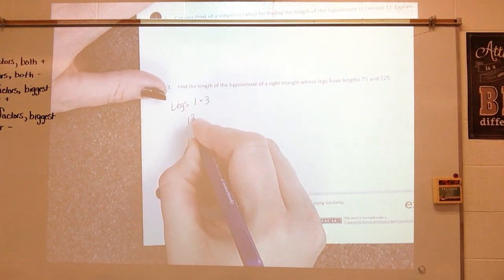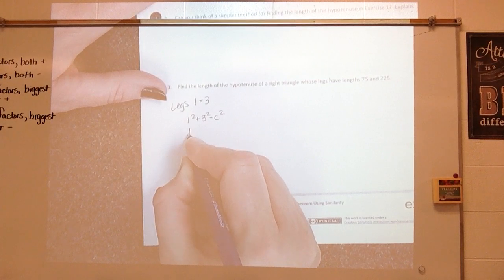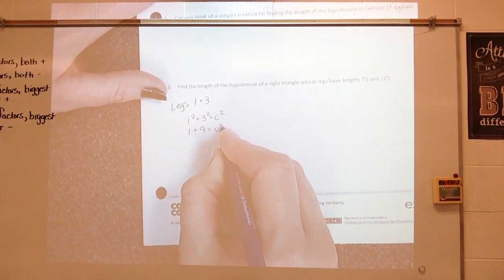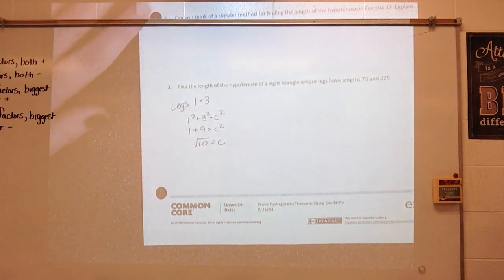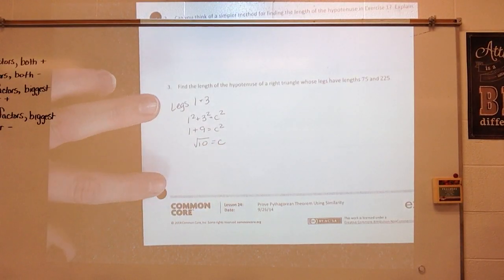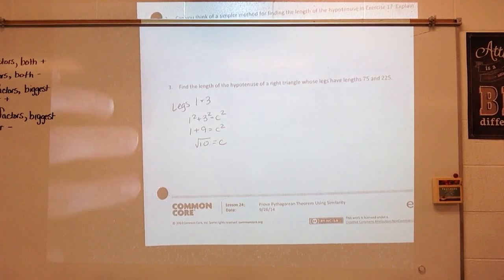So that would be 1 squared plus 3 squared is equal to c squared. I get 1 plus 9 is equal to c squared. So c would equal the square root of 10. So the hypotenuse of my triangle would be square root of 10.